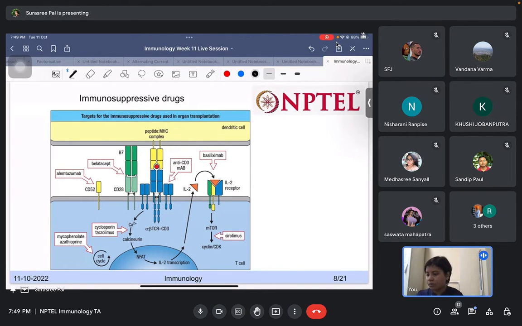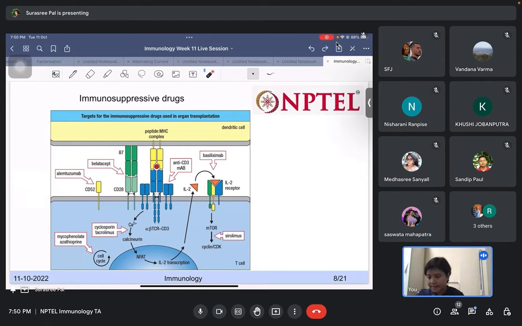One is alemtuzumab. This is a monoclonal antibody against CD52, and it is used to deplete T cells before transplantation. These immunosuppressive drugs are given to the recipient, right?